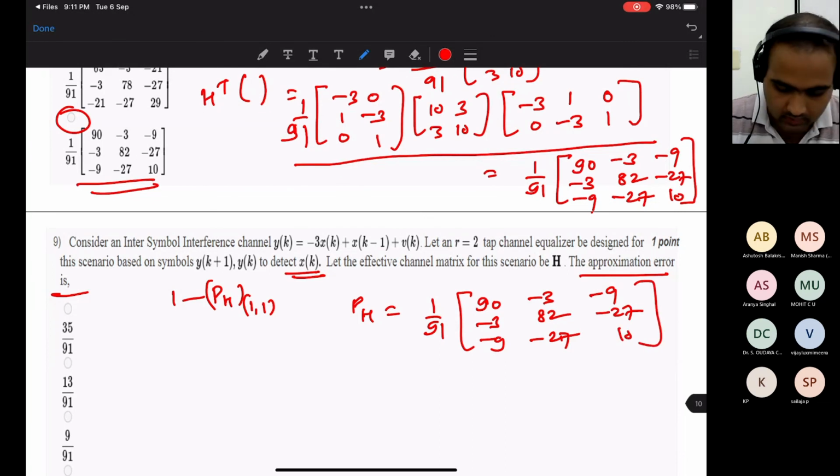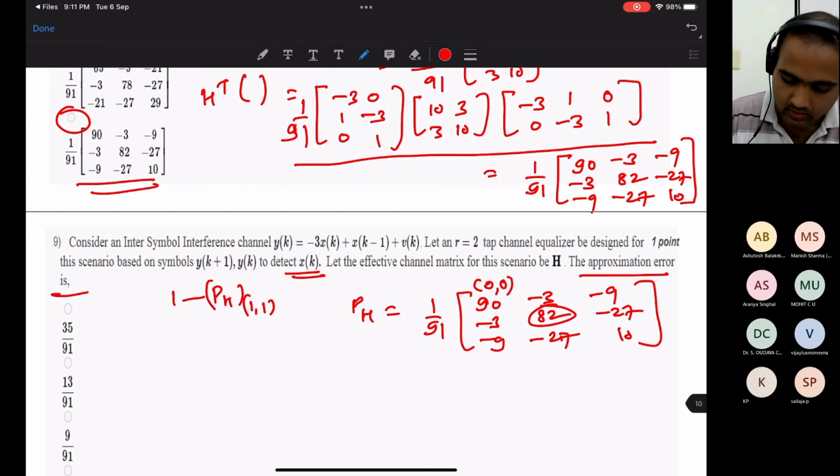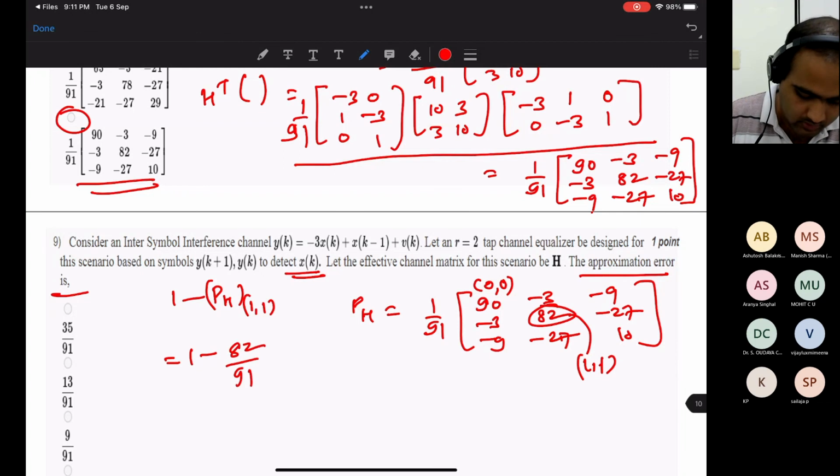Right, so the 1 comma 1 element is 82. This is the 0 comma 0 element, and this will be the 1 comma 1 element. So 1 minus 82 by 91, which is (91 minus 82) over 91. This is 9 by 91.